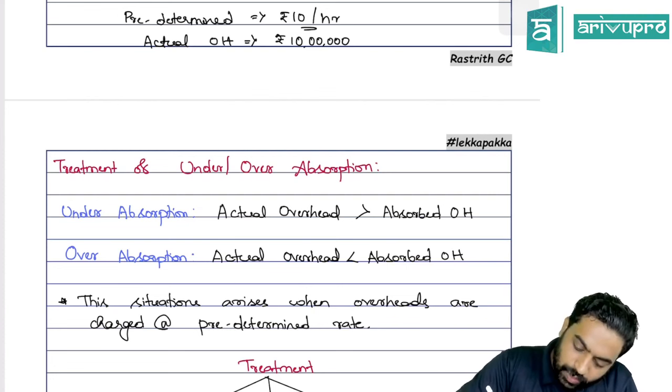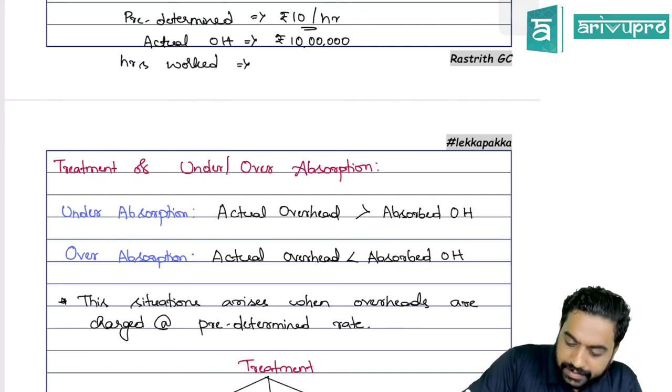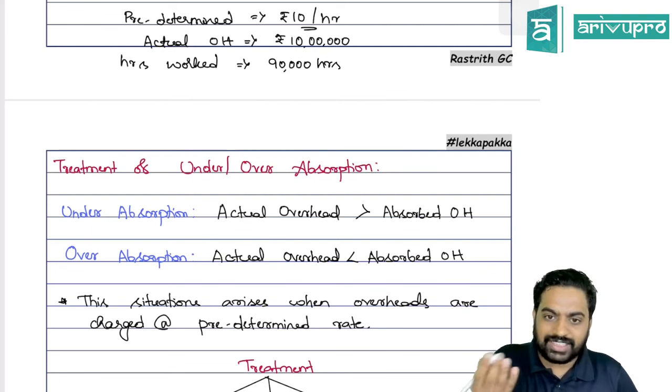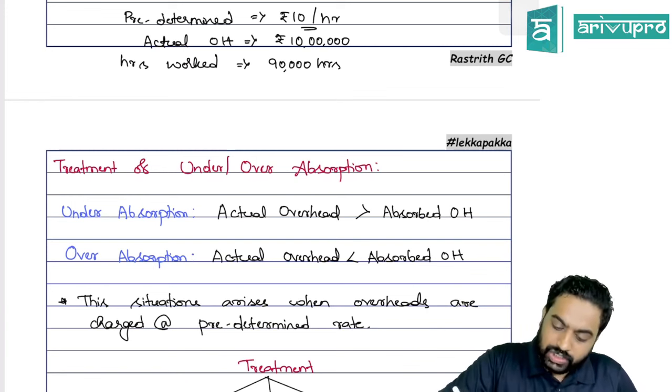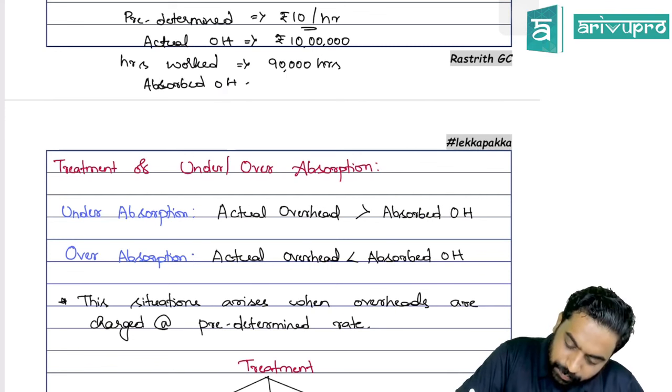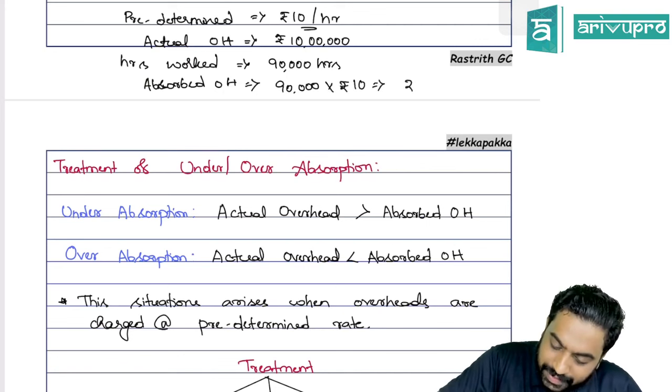Hours worked, let's say 90,000 hours. So how are we going to absorb, sir? We absorb on the basis of the number of hours worked using the predetermined rate. So how much will the absorbed overhead be? Simple. 90,000 hours we have worked. Per hour the overhead rate is rupees 10, which will come to rupees 9 lakh.